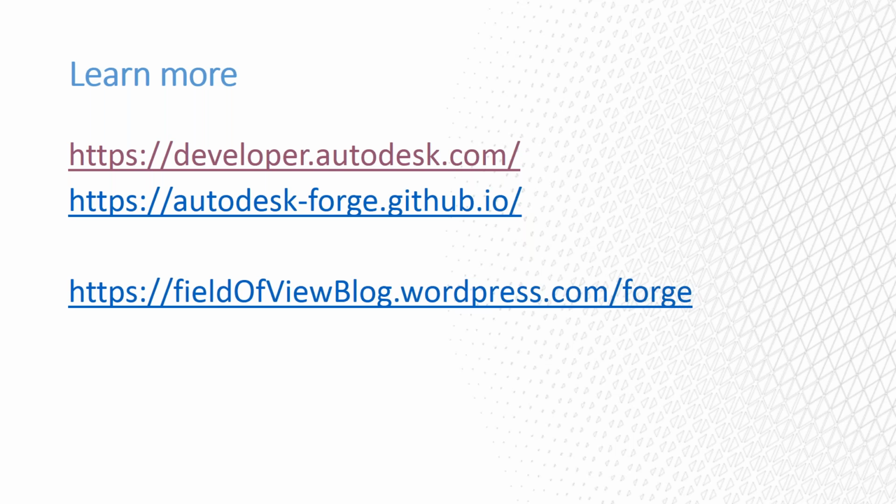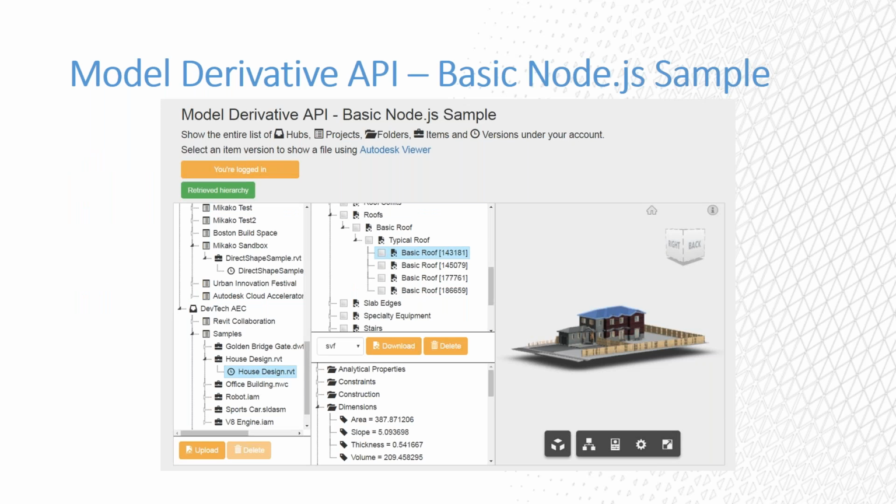But there is certain information which is still useful, so I'm still adding to fieldofviewblog.wordpress.com, under Forge. Or if you search my name with BIM 360 API, you can probably find this site. This is just an example. The ones I showed are the basics, the ABC of APIs, but you have plenty of examples just like this one.